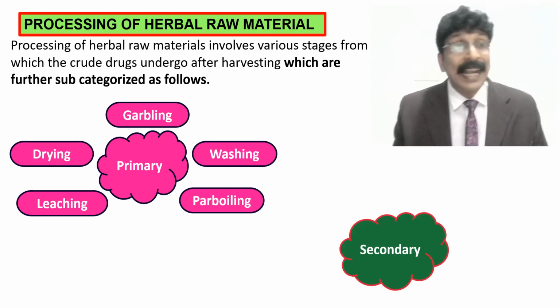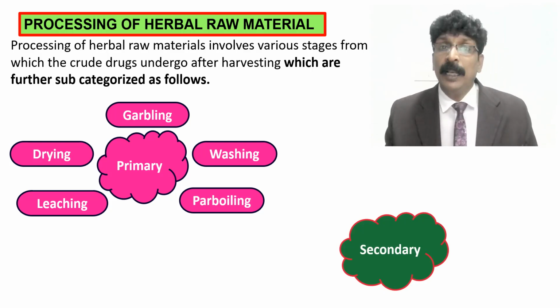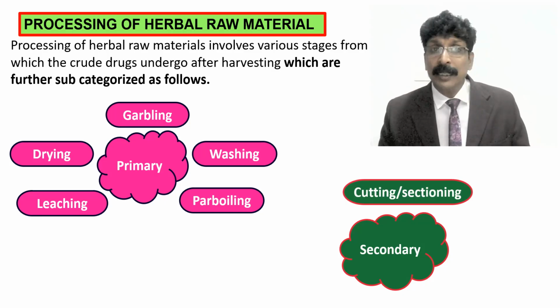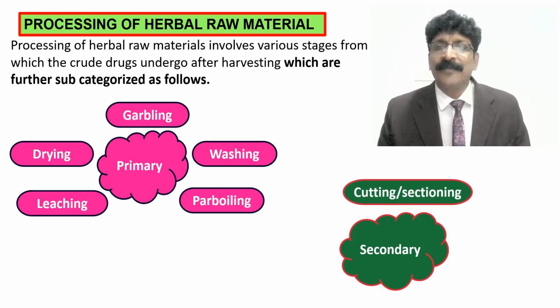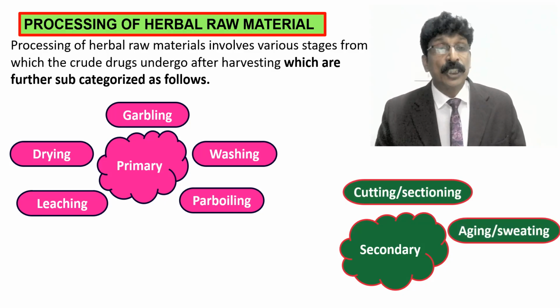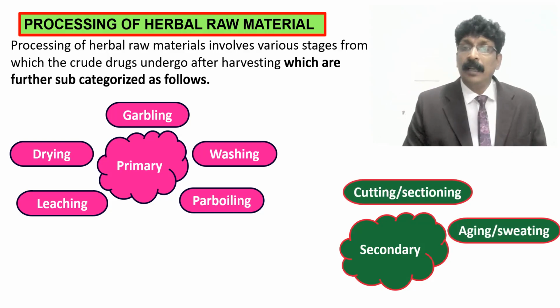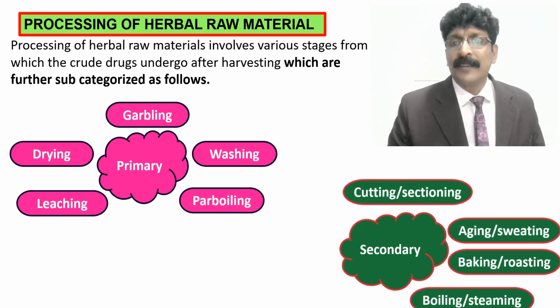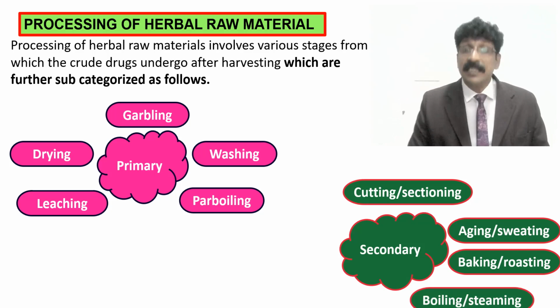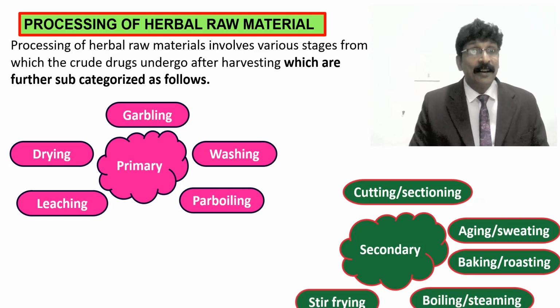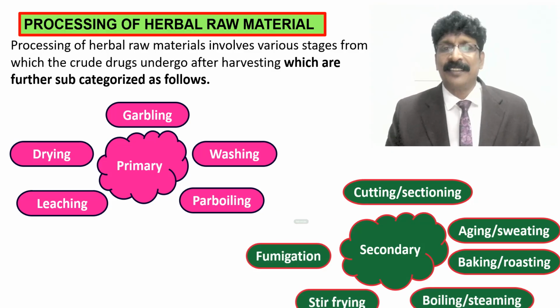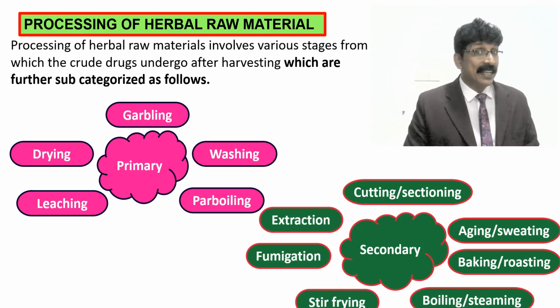And secondary processing of herbal raw materials, in which cutting or sectioning, aging or sweating, and baking or roasting, and boiling or steaming, stir frying, and fumigation. And the last one is extraction.